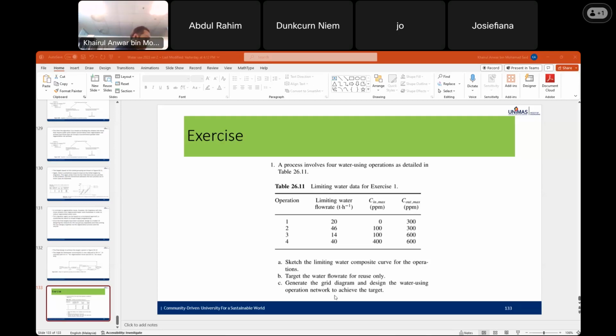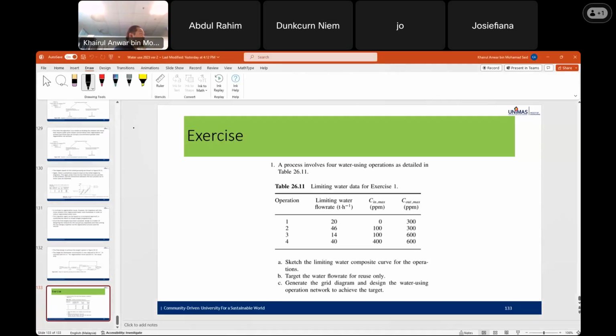Once we get the limiting composite curve, it looks like this. So this is the limiting composite.